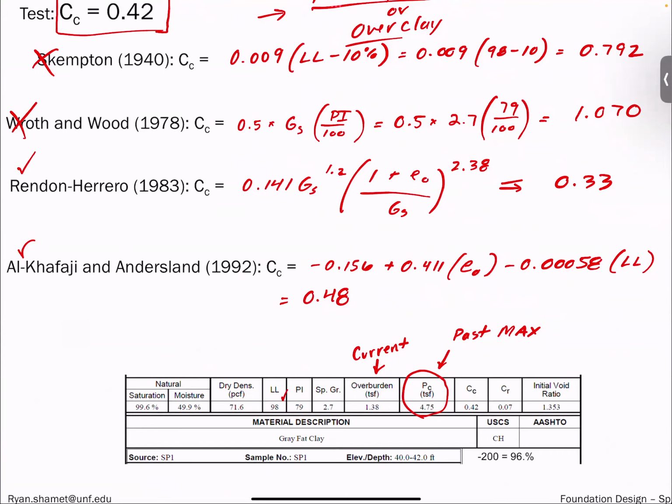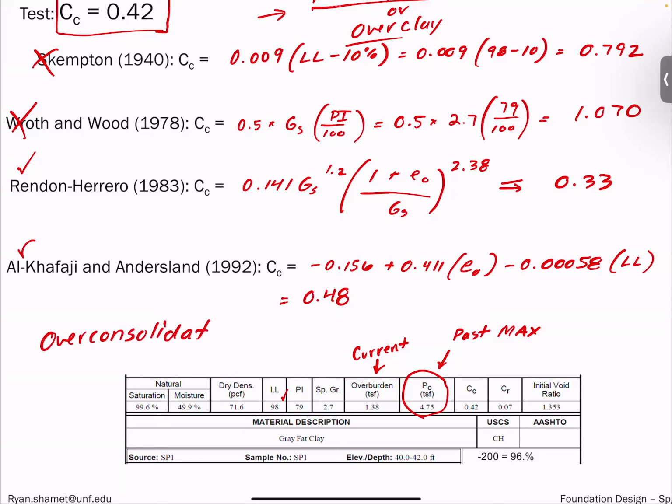Yeah, it's over consolidated because currently it only has 1.38 tons per square foot over it. But a long time ago, according to the pre-consolidation pressure that is based off of the 1936 technique of drawing a bunch of straight lines, the pre-consolidation pressure is 4.75, which means it used to have a higher stress above it. So that means that this is an over consolidated clay.